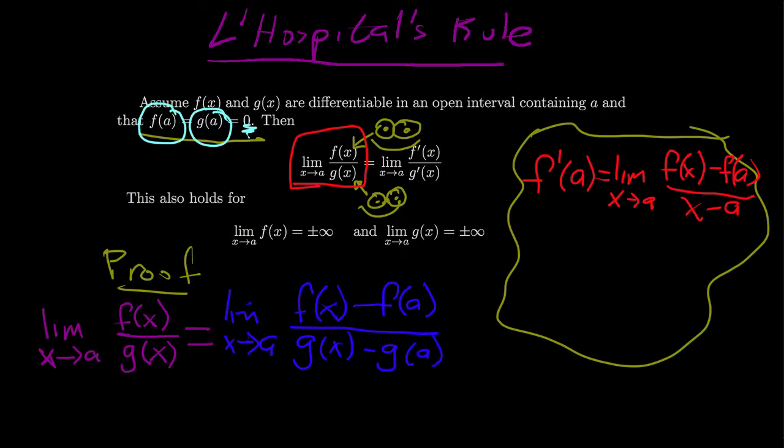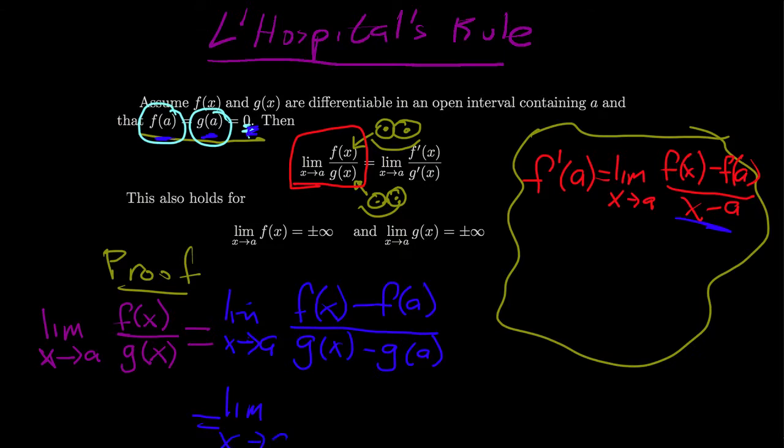All I did was these guys are just 0 by the assumptions right here, so I just subtracted them, and then divide the top and the bottom by x minus a, and then we basically get the result.